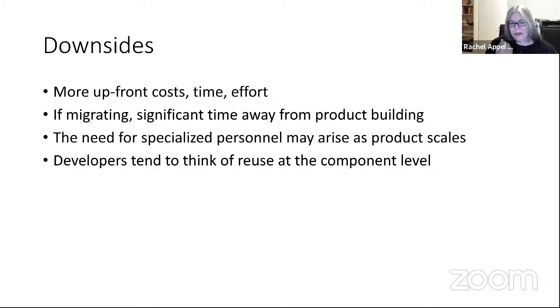Maybe, depending on how old you are, going all the way back to the little COM DLL, things like that, right? Or an API or some kind of web controller, whatever, reusability at the component level, but we have to start thinking in a much bigger box, which is at that product level. So those are some of the downsides you may have when you think about moving to a product line or starting a new product in a line.